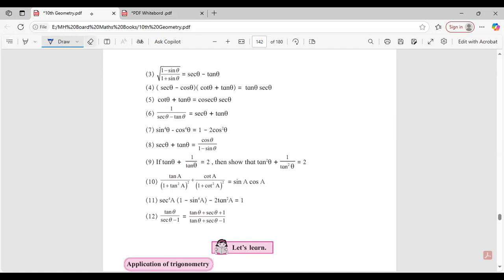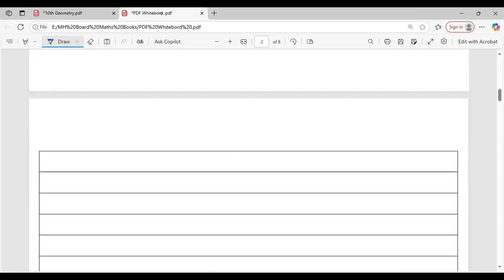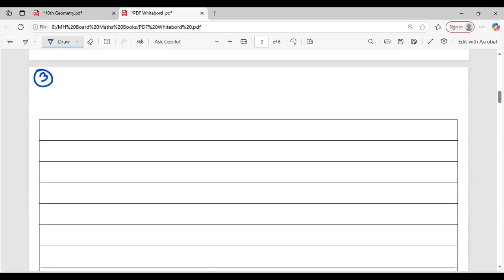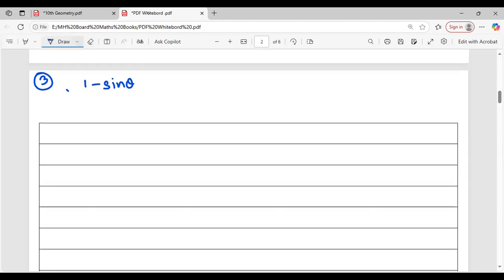Third question. Square root of 1 minus sine theta divided by 1 plus sine theta is equal to sec theta minus tan theta.